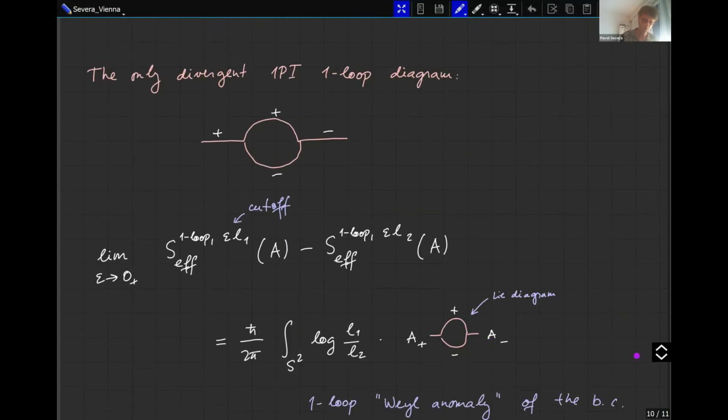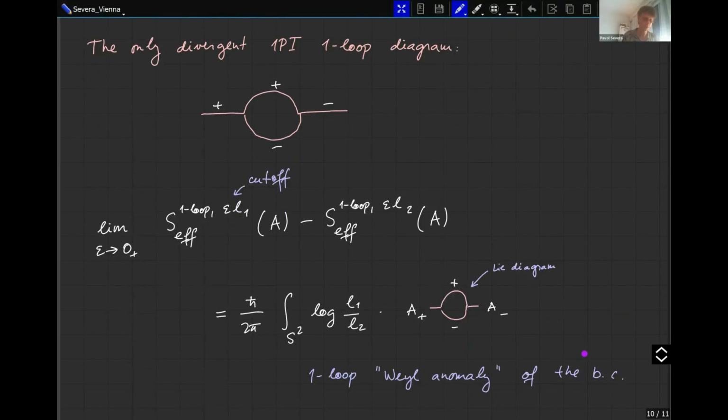And there is this wonderful result, which is basically equivalent to the divergence of this one diagram. If you now try to take the limit when the cutoff goes to 0, there is some physics-y writing here: we take the effective action, the thing given by all those one particle irreducible diagrams, only to one loop, and with some particular cutoff L1, which we try to scale to 0.